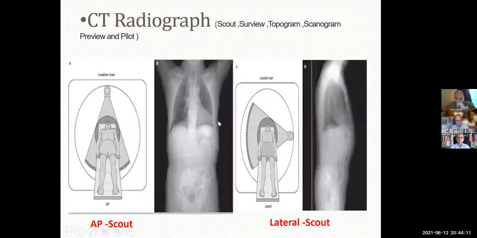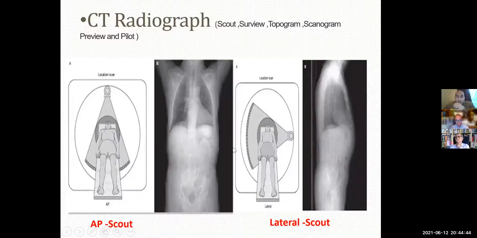You have to do this scout image to plan the patient, both your start and your end. If you want to scan a patient for chest, you have to make a scout for this area only. If you want to make abdomen pelvis, you have to make a scout for this area only. In the anterior posterior image, the X-ray tube is up, but in the lateral view, the X-ray tube will be in lateral position, as you see here, and the detector on the opposite side. This is the CT scout.